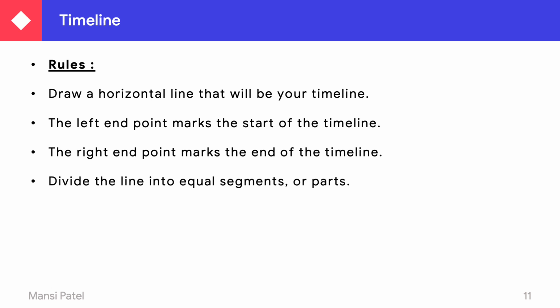After that, divide the line into equal segments, or equal parts. The last step is to put the events on the timeline. The event which occurs first, write down at the starting point. The event which occurs last, write down at the ending point, and between these two points just arrange the other events.